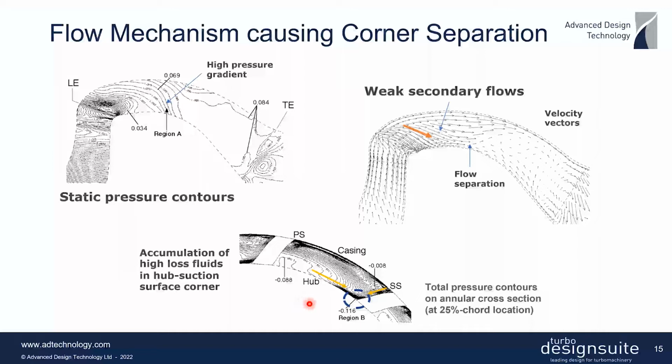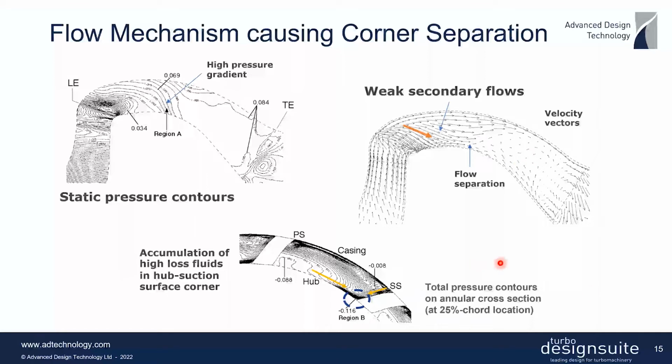And what's interesting is that in this corner, inside this blue dashed line, you can actually see quite a strong accumulation of low momentum fluid at this hub suction surface corner. And in fact, what's really happening is that when this low momentum fluid hits this strong positive pressure gradient here, then you get this huge corner separation that we are observing here in this diffuser.